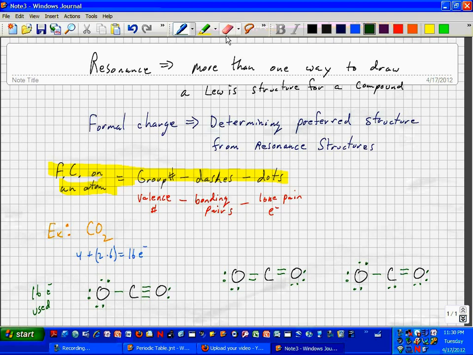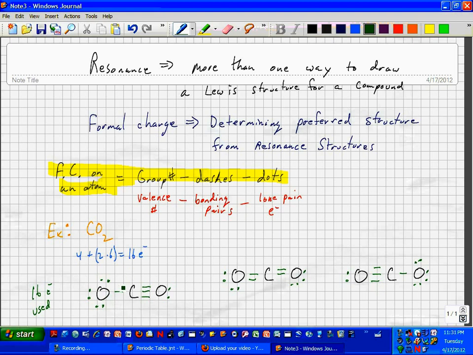And what I could have done originally, rather than double bond here, is bond on the other side, which would have taken me down to 18, and then triple bond on this side.